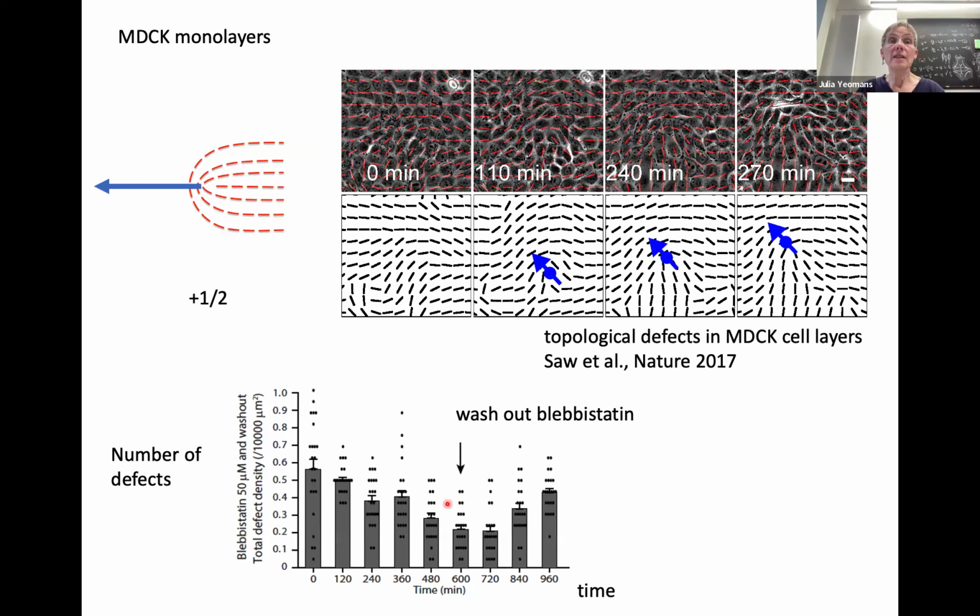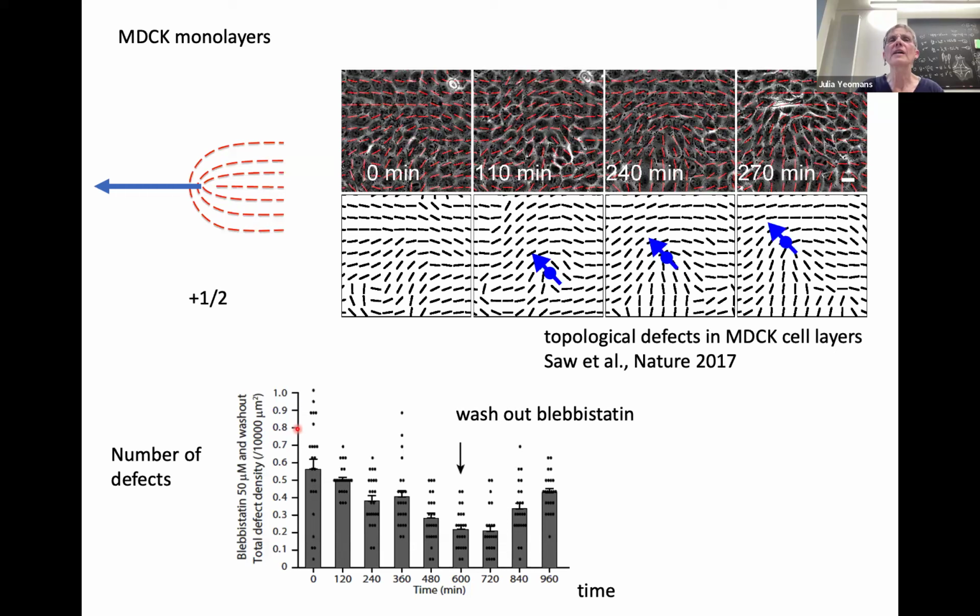This is evidence that these things really are active defects. So what I'm plotting here is an experiment which Thuan Ben Suo carried out: the number of defects as a function of time. What Thuan did is he added blebbistatin to the cell layer, which is a sort of sleeping pill for cells.